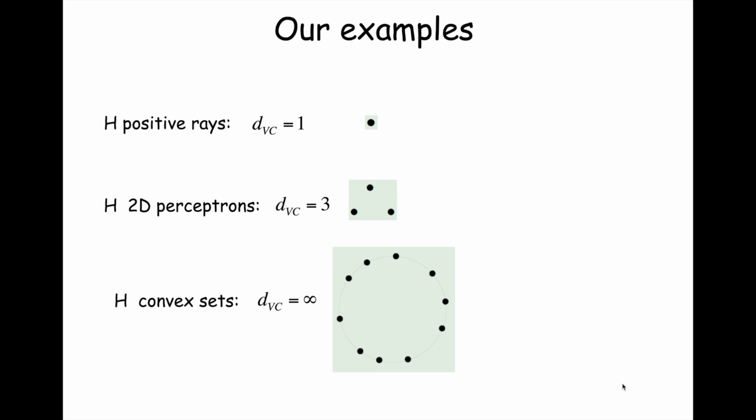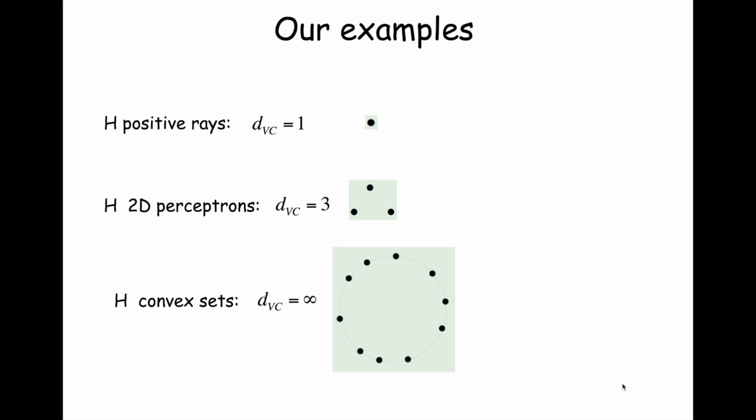And then we saw the set of convex sets. We said for any data set of size n, as n goes from 1 to infinity, the hypothesis set consisting of the convex sets can generate all possible 2 to the n dichotomies regardless of the data set size n. And so there we'd say the VC dimension is infinite, right? Because we can keep going up and up in the limit as the data set size approaches infinity, and you're just going to have a large number of data points around the circle.